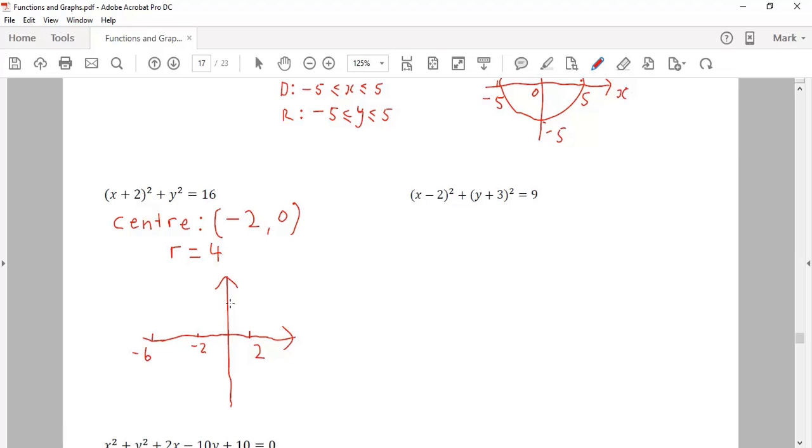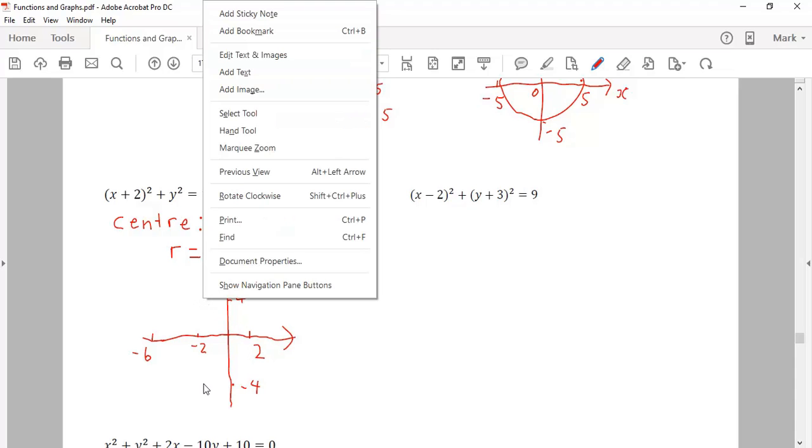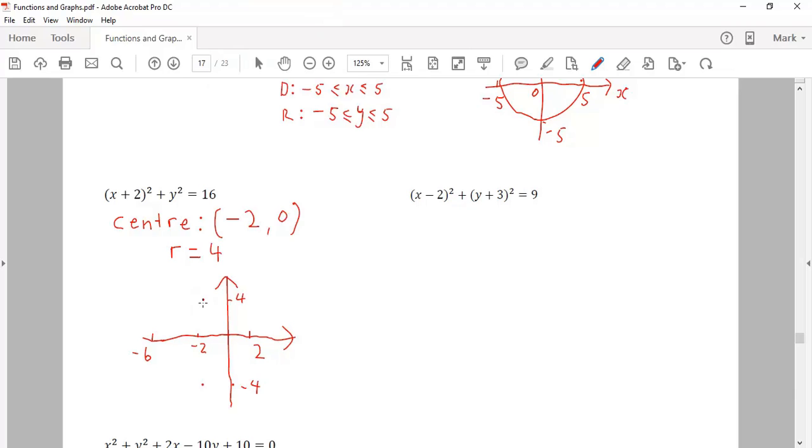So since the center is 0 for the y, it's going to go up 4 and down 4. So that'll be at this point here. So connect to draw your circle. It's a pretty bad circle, but you know what it's supposed to look like.